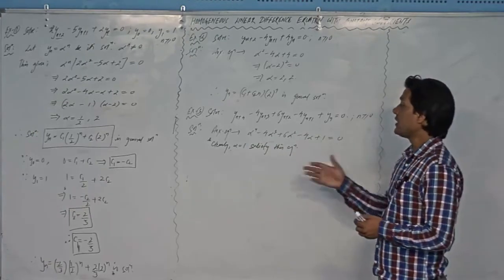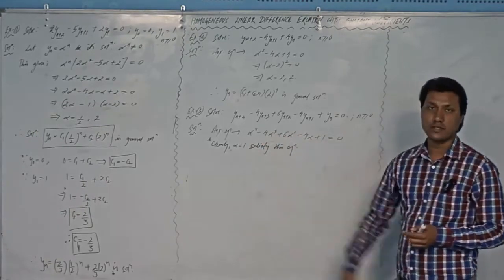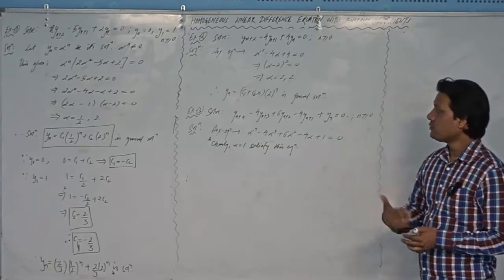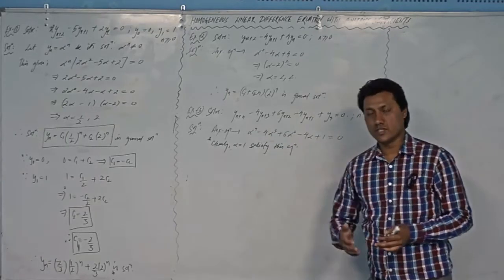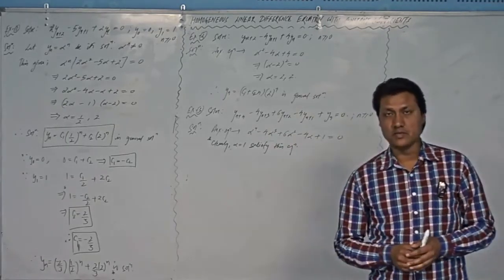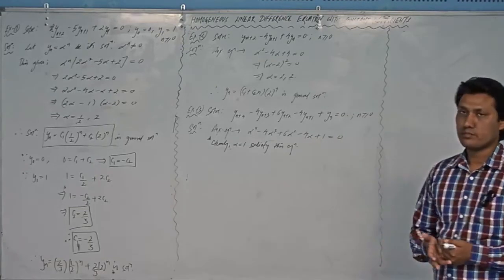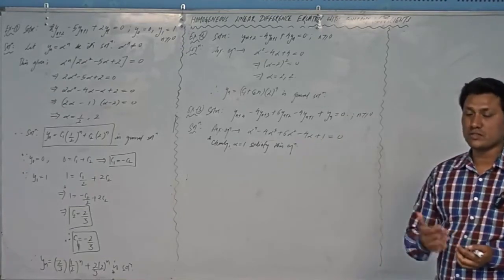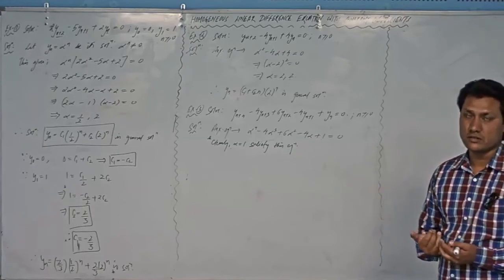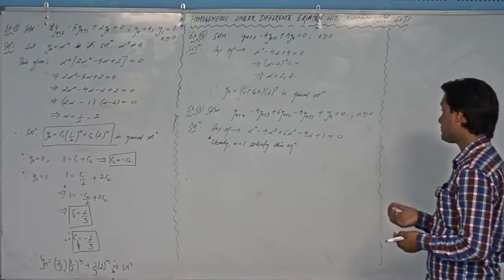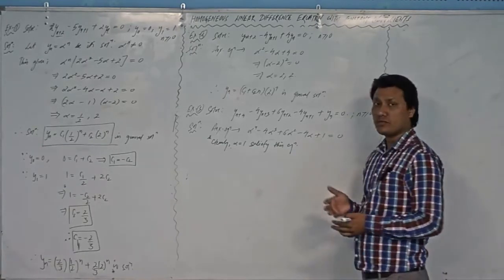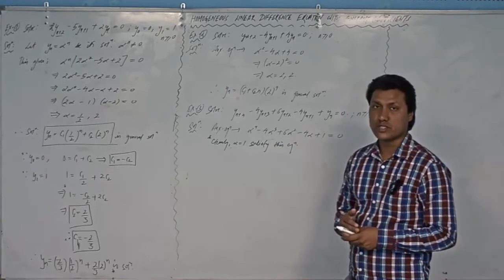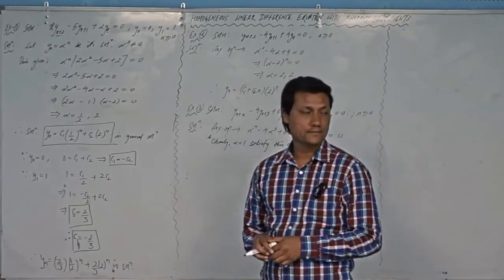And again we find the second derivative, third derivative and fourth derivative, and we go on plugging alpha equal to 1 in those derivatives. If we get 0 every time, it means that alpha equal to 1 is a zero of that order, which is the first non-vanishing derivative. It's the same as the theory of finding the order of zeros and poles in complex analysis.